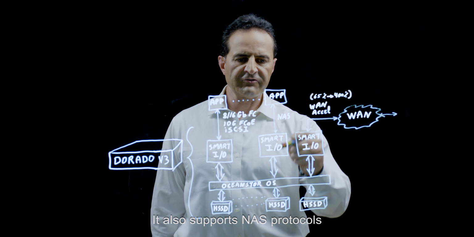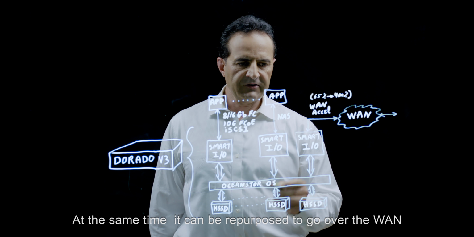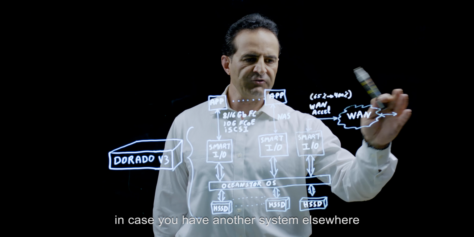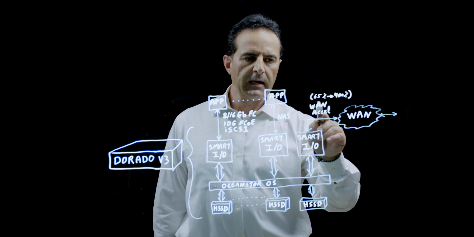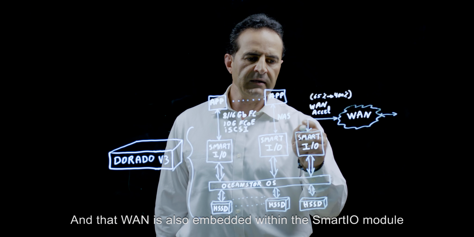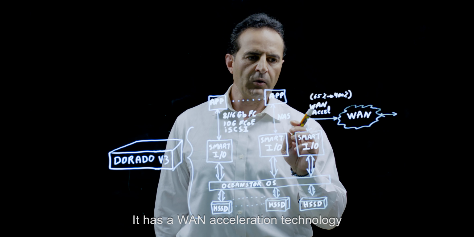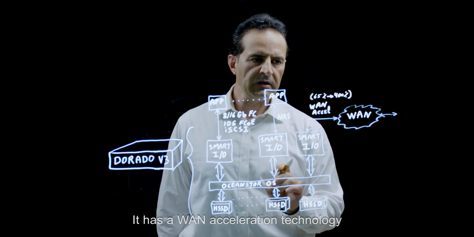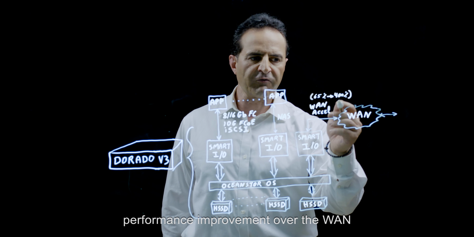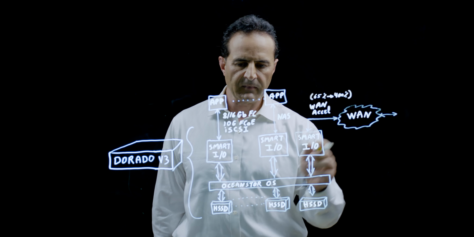It also supports NAS protocols. At the same time, it can be repurposed to go over the WAN in case you have another system elsewhere. And that WAN is also embedded within the SmartIO module. It has a WAN acceleration technology that can get you anywhere between 65 to 400% performance improvement over the WAN.